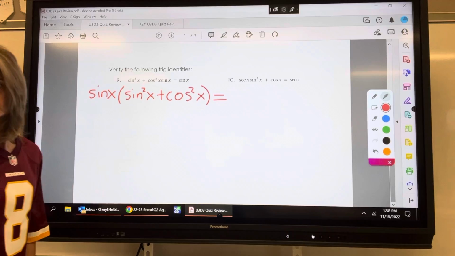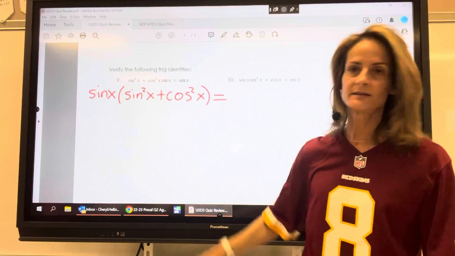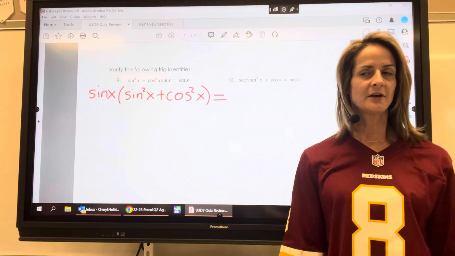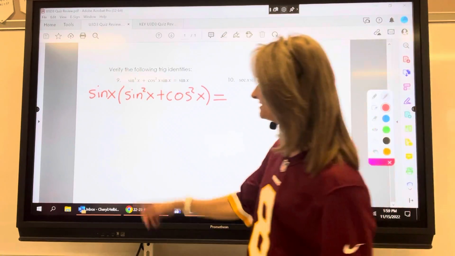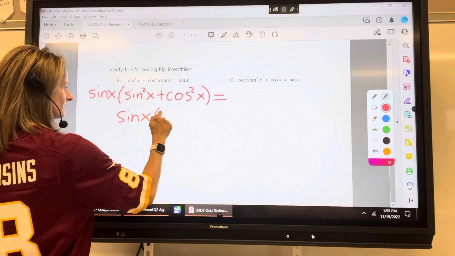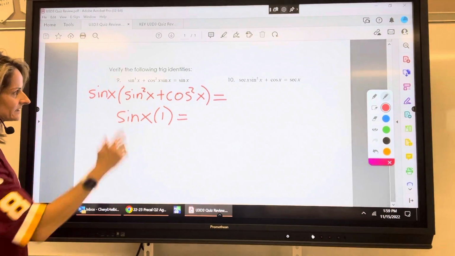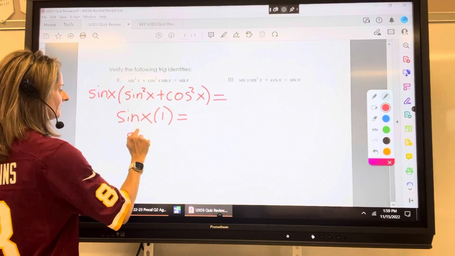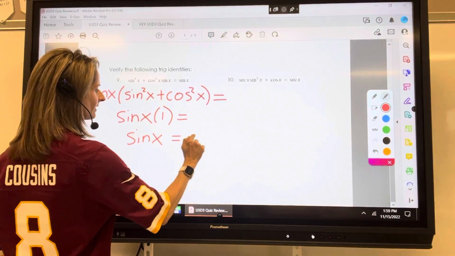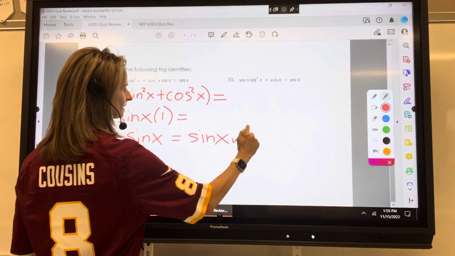Good with that? Factor out a sine. Now, what's sine squared plus cosine squared equal? Using our Pythagorean identity, 1. So this is just the sine of x. And notice I'm working down. This is how I'm trying to model what I want to see in your work. Sine of x times 1, that's just a sine of x. And now our left side equals our right side. So I'll go ahead and write that and then verify it. Check.